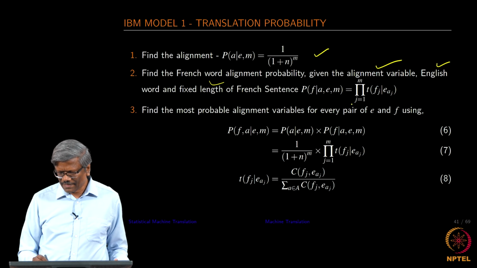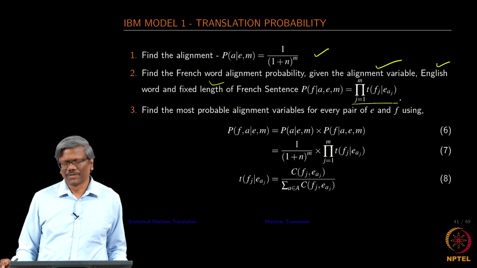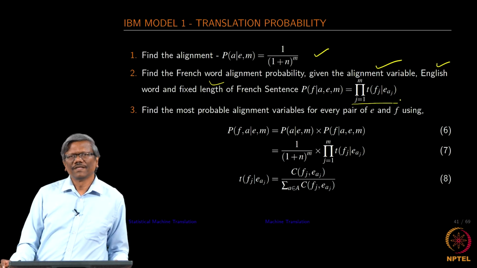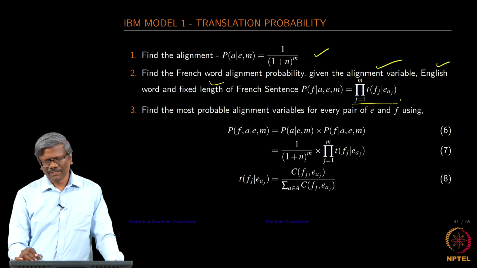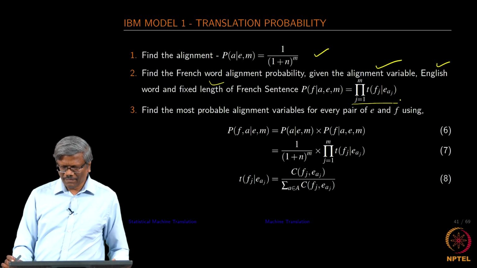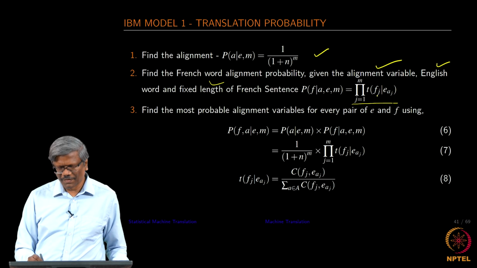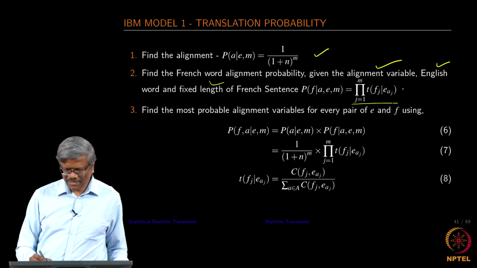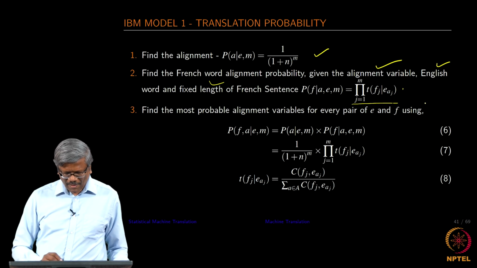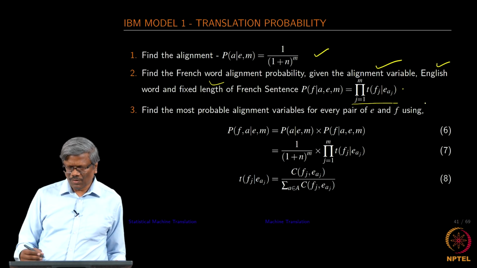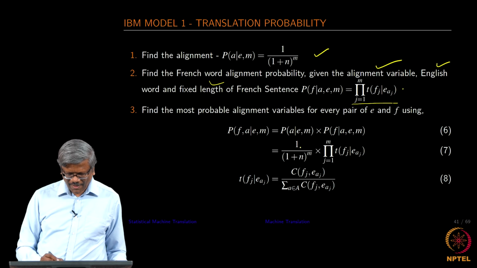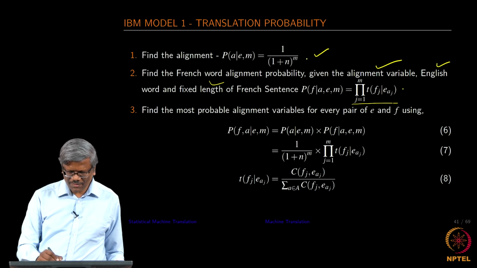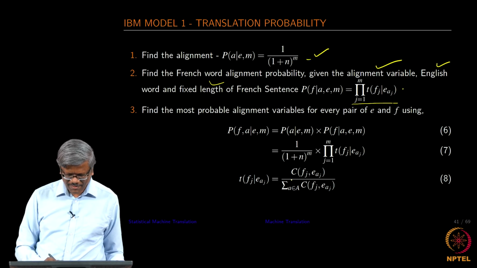You can find the translation probability using this, right. So, that is the product of the translation probability of the French word given the English word to which it is aligned. Okay. So, this is a product. We will show by an example how it is computed.